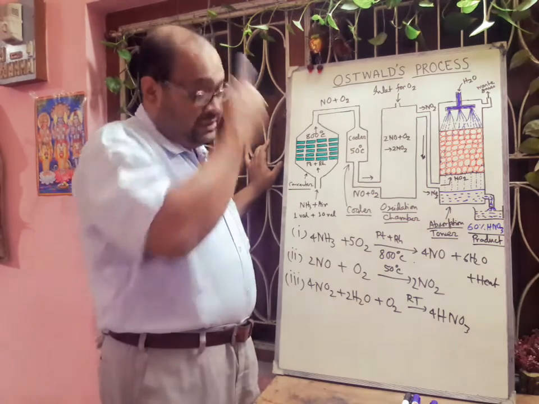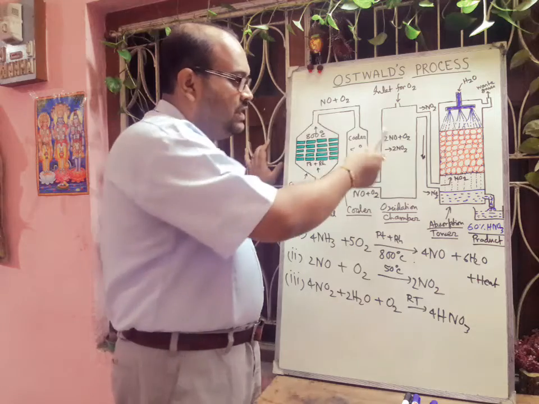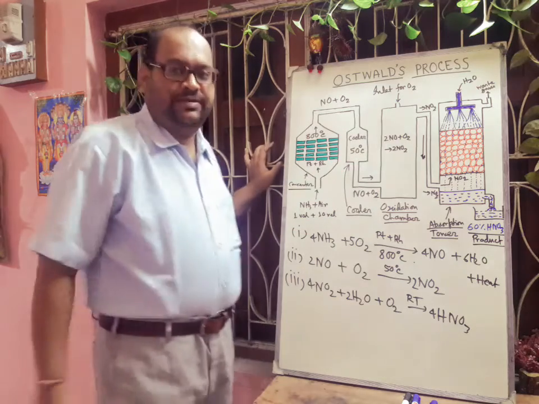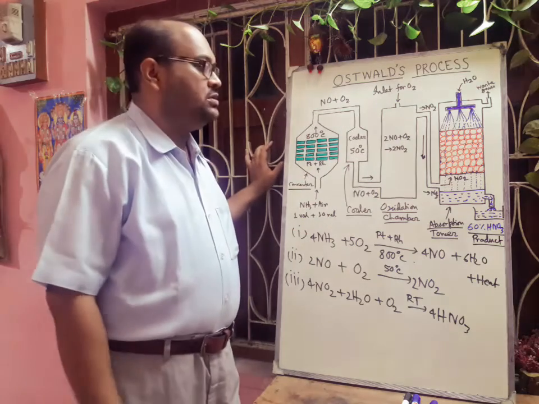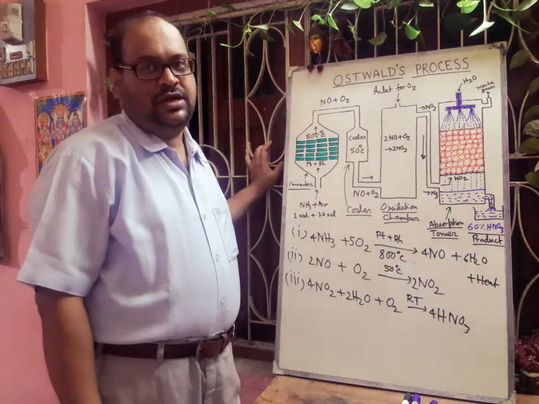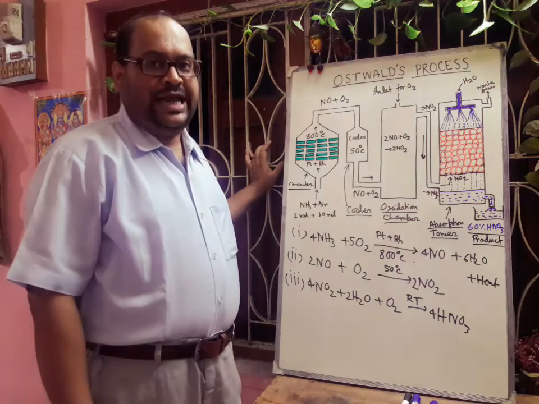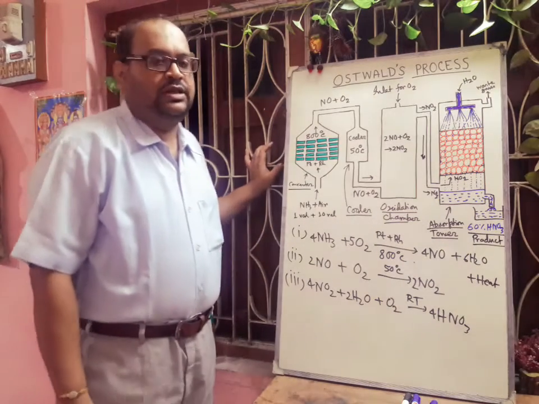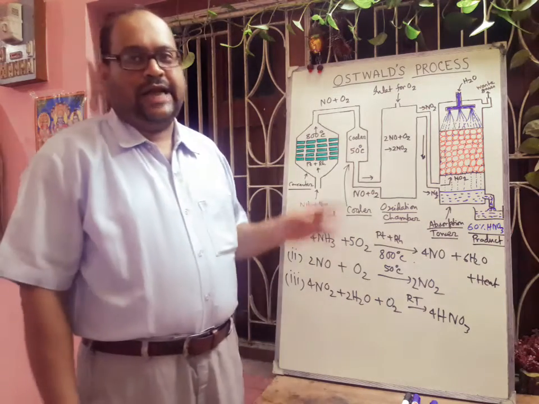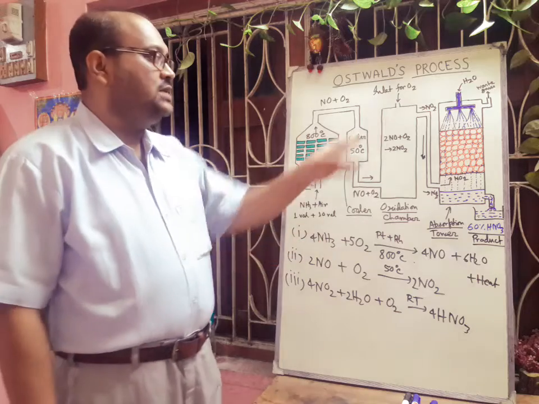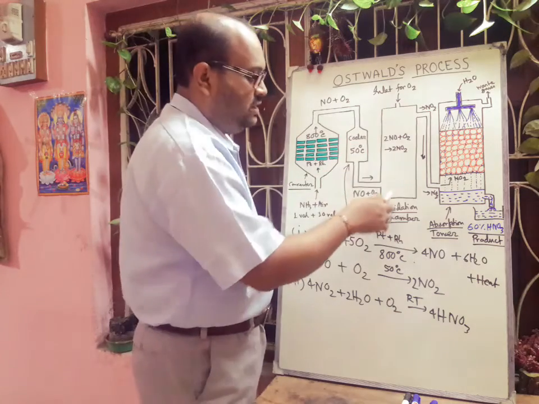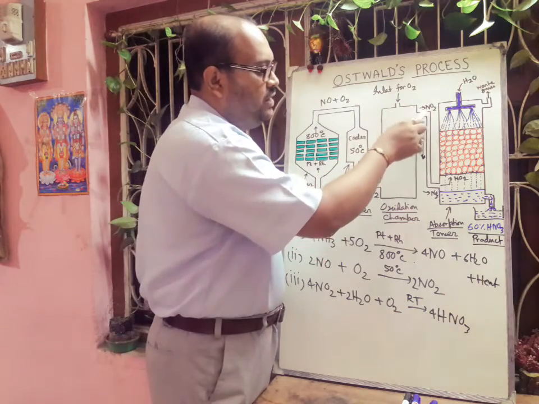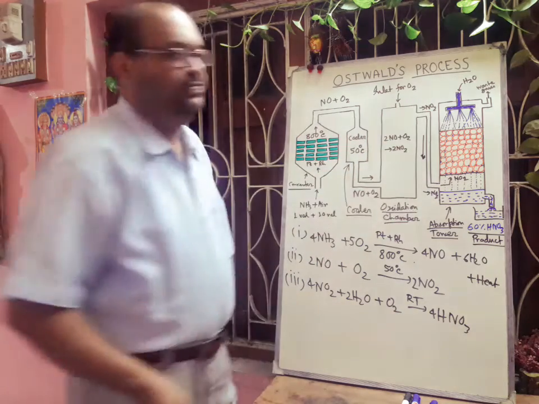This nitric oxide will react with the oxygen in this oxidation chamber and produce nitrogen dioxide. Understand? So in the next step, after producing nitrogen dioxide, the gas is passed to this absorption tower.